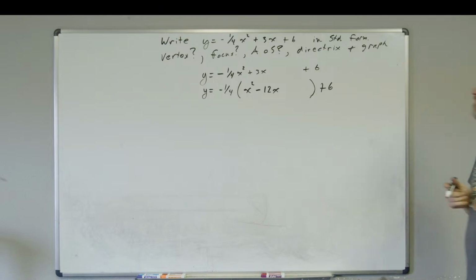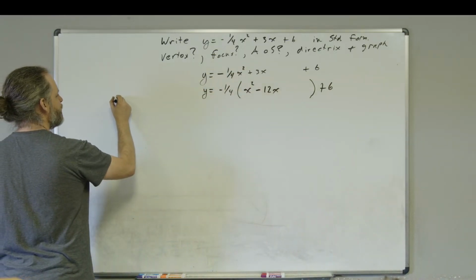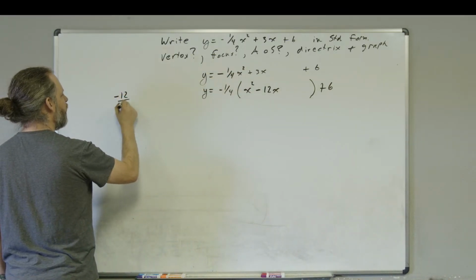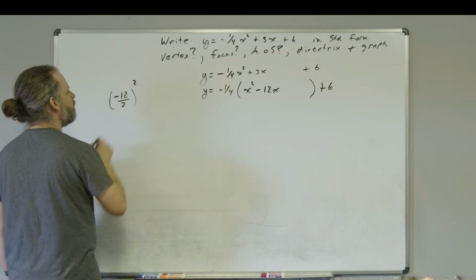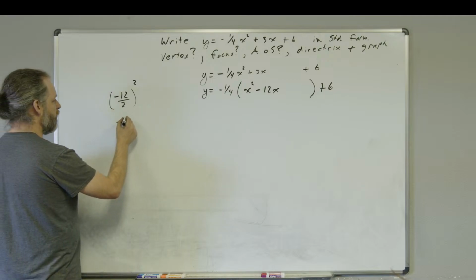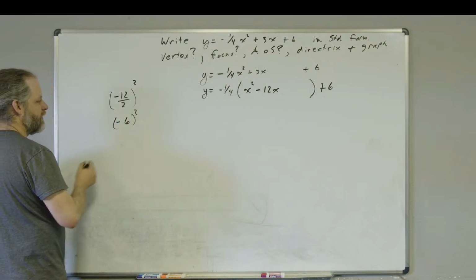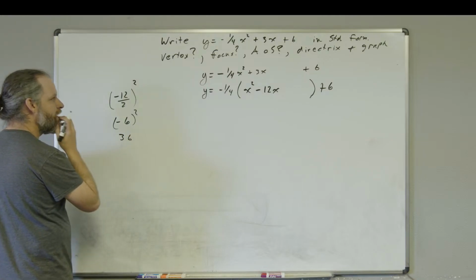So negative 12 divided by 2, squared. What's negative 12 divided by 2? Negative 6, of course. Negative 6 squared is positive 36.